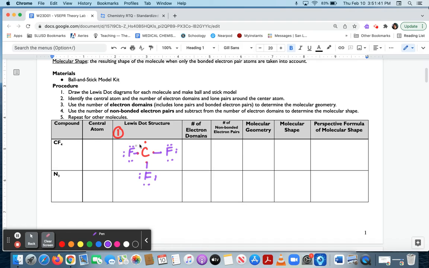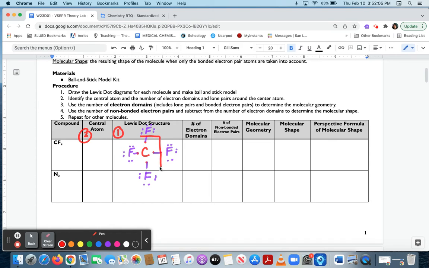Recognize that I'm skipping a lot of steps for the Lewis dot structure, mainly because this should be review and practice. So once I've identified the Lewis dot structure, I can move on to the second step, which is identifying the central atom.